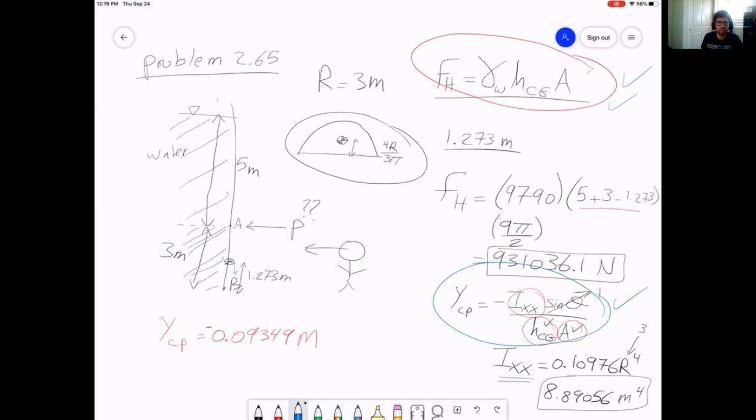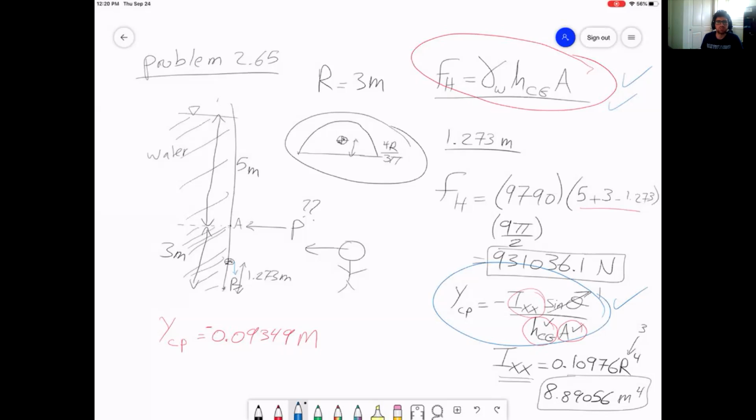Do you have a triangular pressure distribution on this semicircle? The answer should be yes, I think. But it's not going to look like a perfect triangle. You're going to have some weird edge at the top. So I don't think it applies in this case. It's not so easy just to find that.